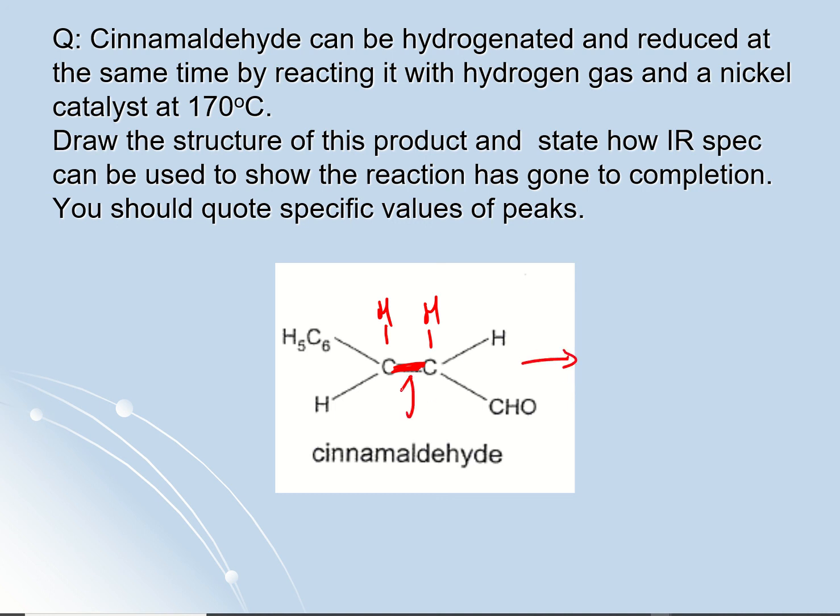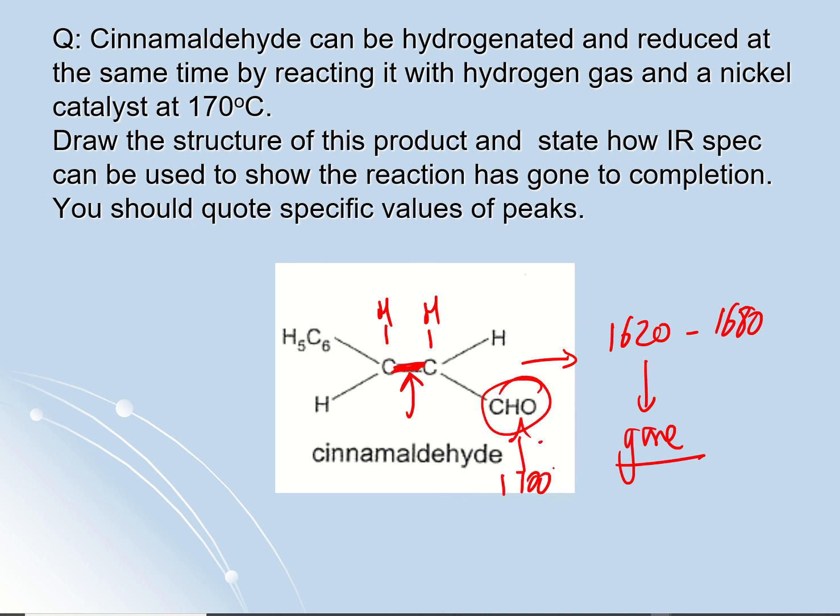The only thing that's changed is that my carbon-carbon double bond, which is at about 1620 to 1680, was present at the start, and at the end that's completely gone. There's no point in talking about this peak here, the 1700 one, because it doesn't change. It's still there at the start and at the end. So that's the peak that has gone.